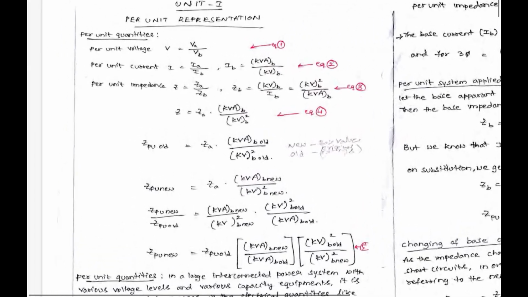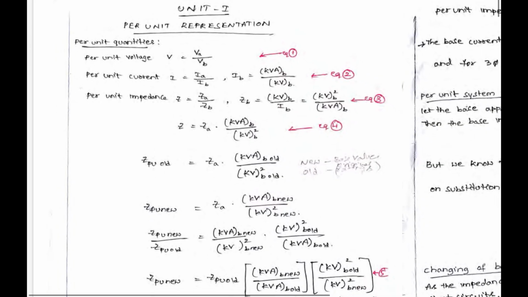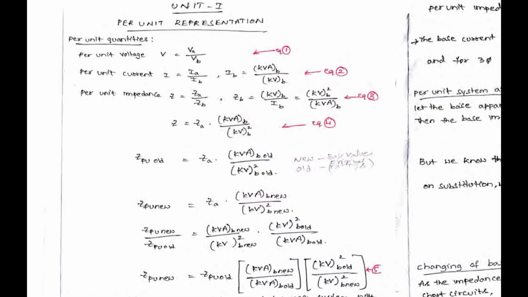Per unit representation. Try to understand these formulas, which are very important to solve a numerical problem. The per unit system is a method of expressing electrical quantities as a fraction of defined base values.